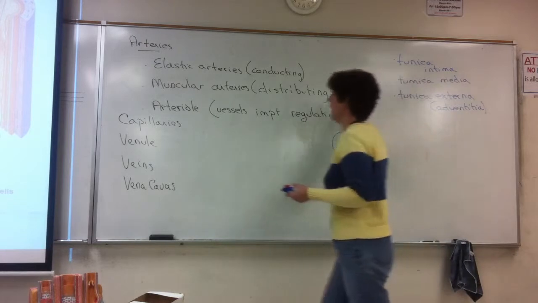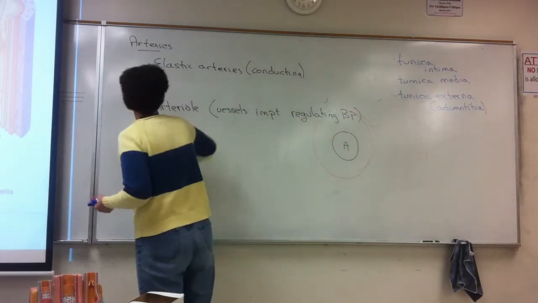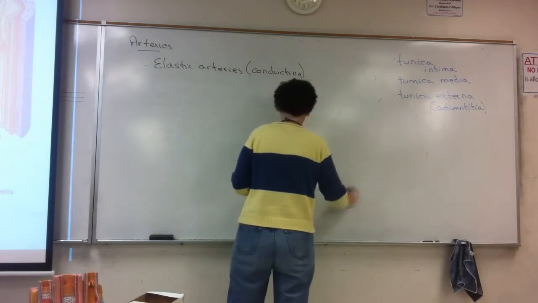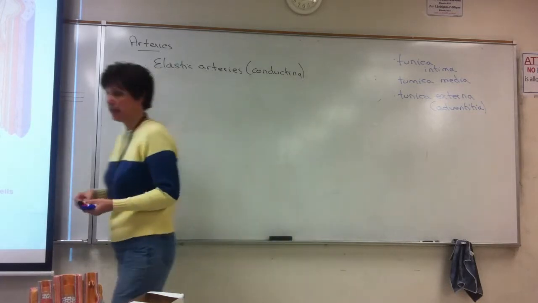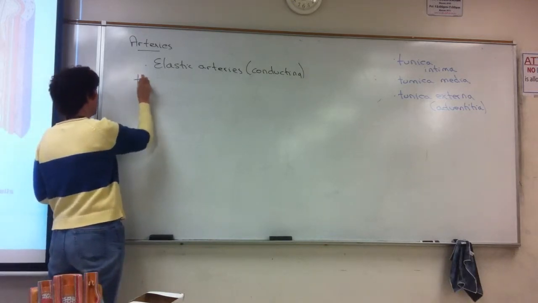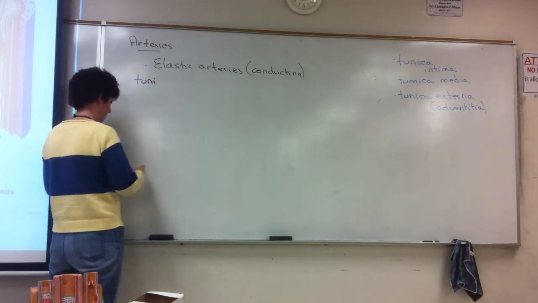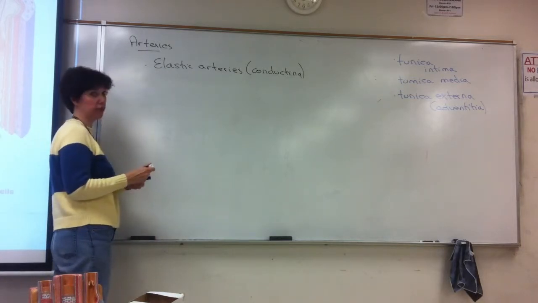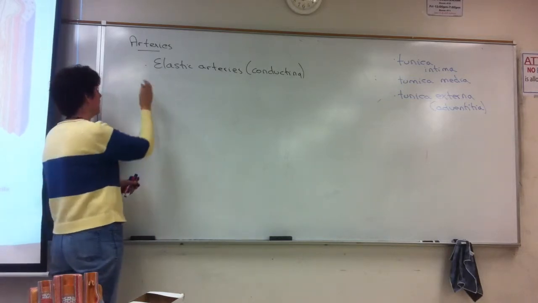So the first one we'll look at are the elastic arteries. And the tunica intima of elastic arteries is formed of tissue very similar to the endocardium, though not as thick.